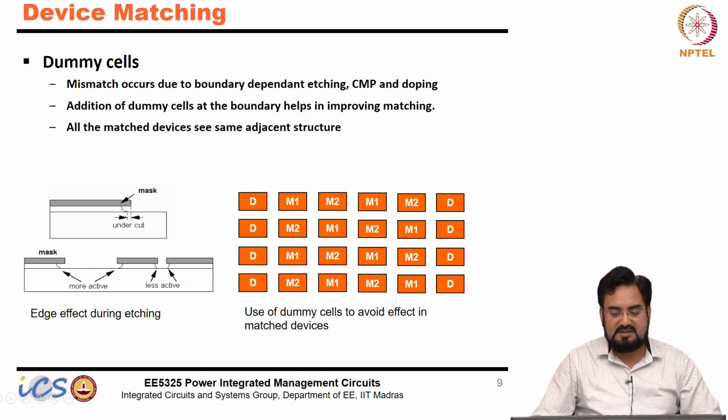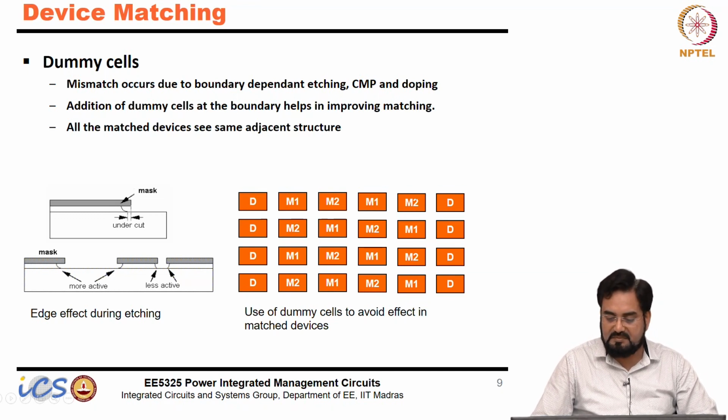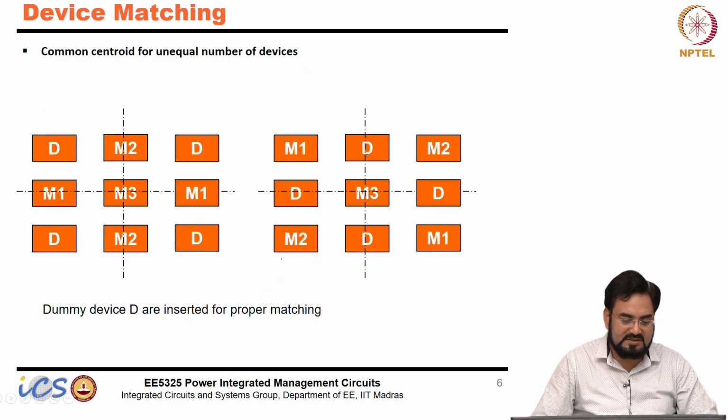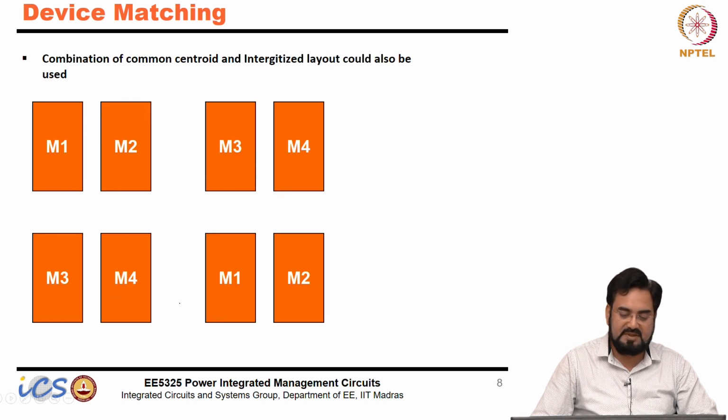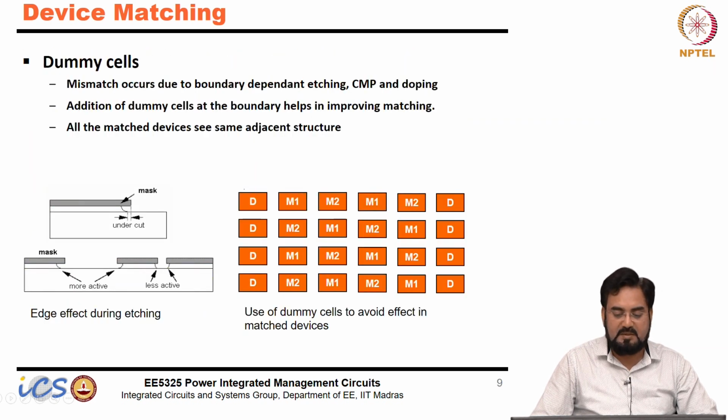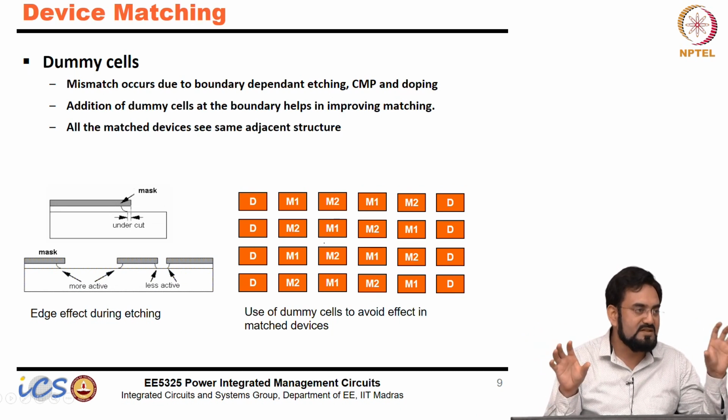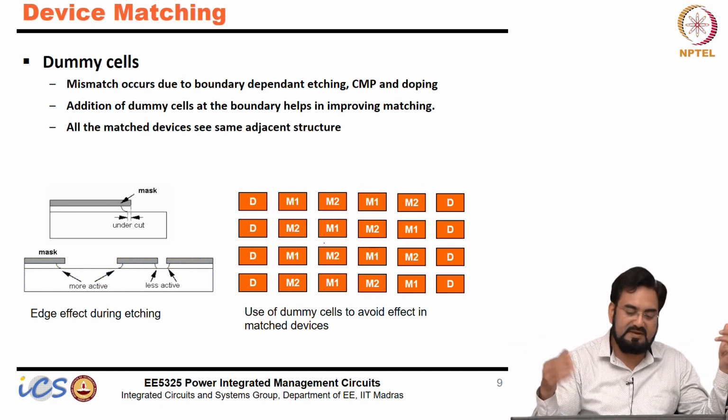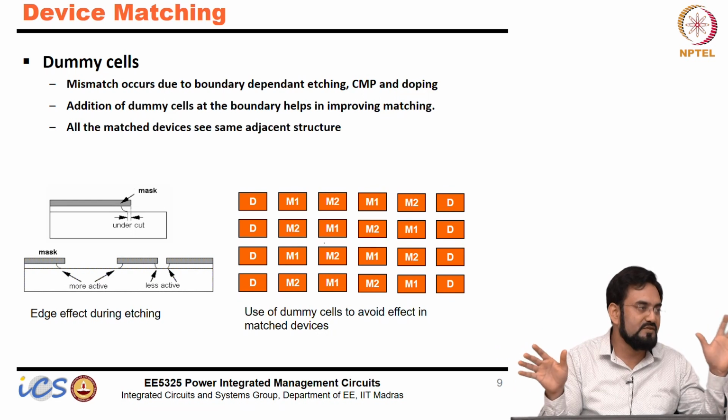Then dummy cells. So for matching, let's say here we had holes, empty spaces, and we put the dummy, but here we don't have any empty spaces, but still you want to put the dummy devices. The reason is, each device should see the same structure on both sides, even in top, bottom, left, right, all the four sides.